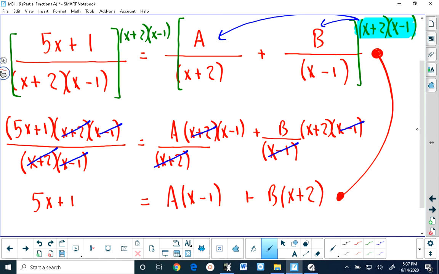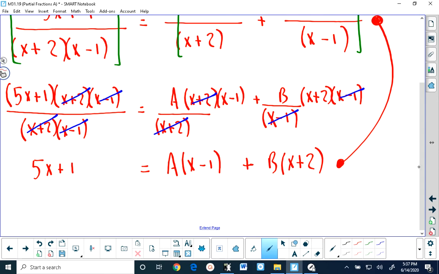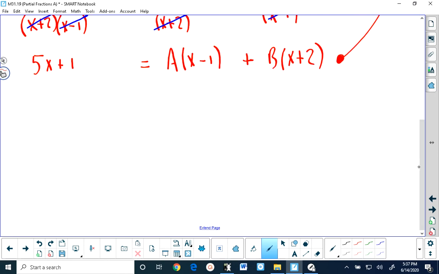Now, how are we going to use this to find A and B? There are a couple of methods that you can use now to find A and B. I'm going to show you the simplest, the quickest. There is a more analytical approach involving systems of equations, but I don't want to do that. So what we are going to be doing is the following. I'm going to let x equal 1. Now, why am I doing that?